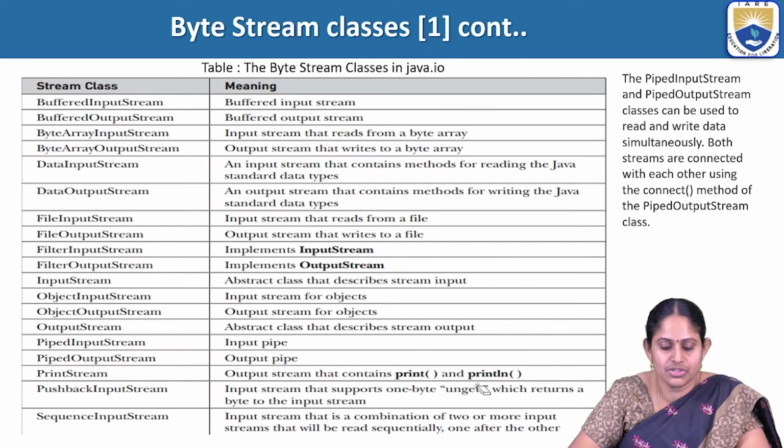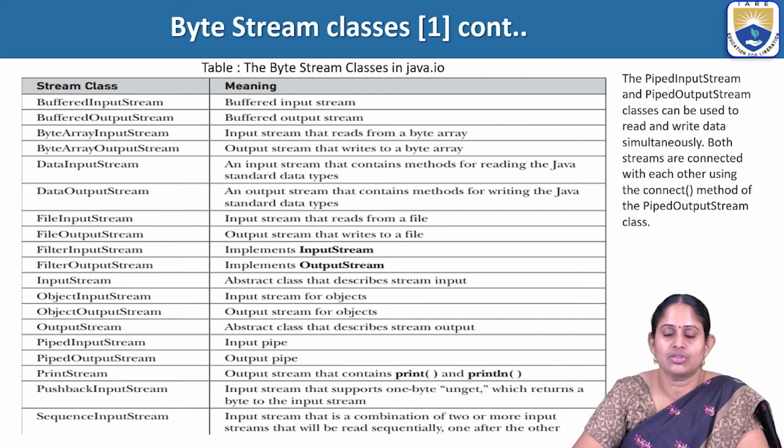The PushbackInputStream is the input stream that supports one-byte unget, which returns a byte to the input stream. The SequenceInputStream is an input stream that is a combination of two or more input streams that will read sequentially one after the other. So these are the various classes inside the byte stream class.